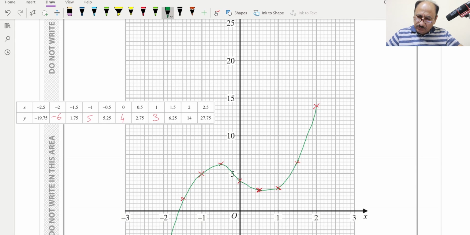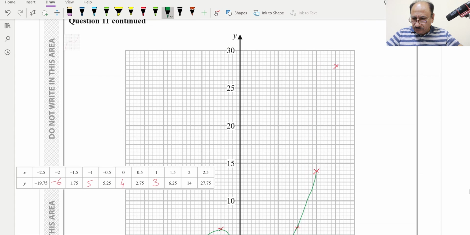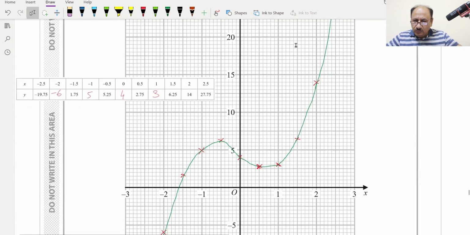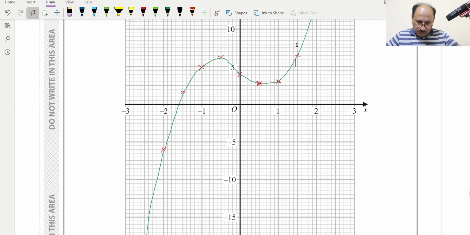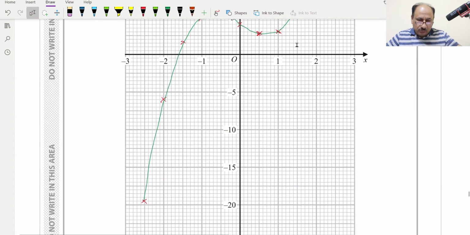Redraw like this, and it should be joined with this as well, like this. So almost smooth. It's not perfect, but in case of a pencil you have better control over it, but hopefully this is also good.